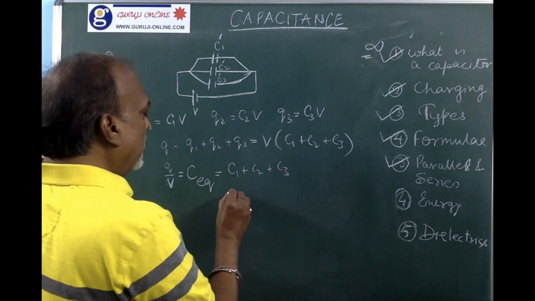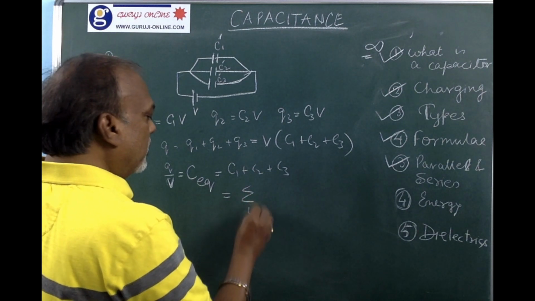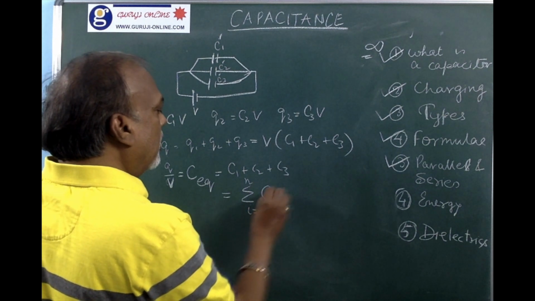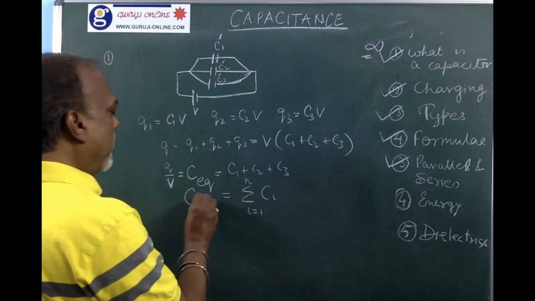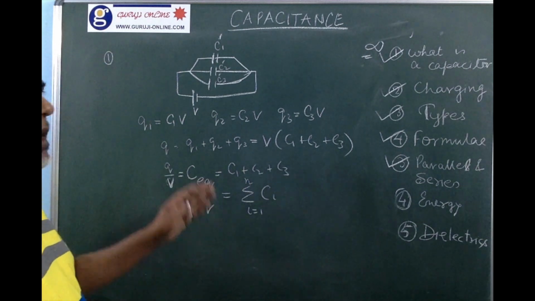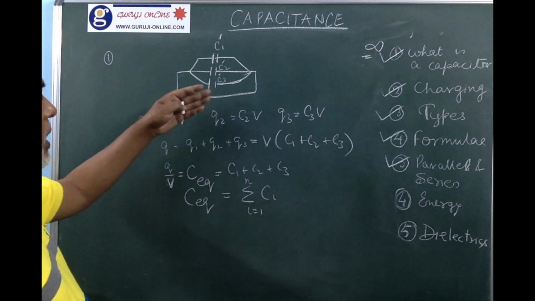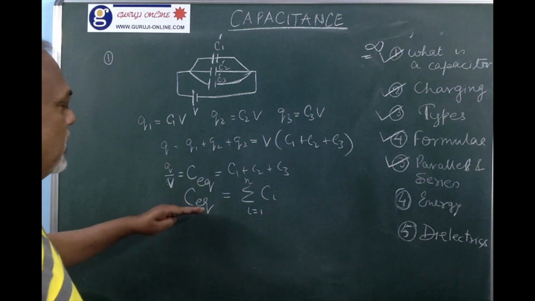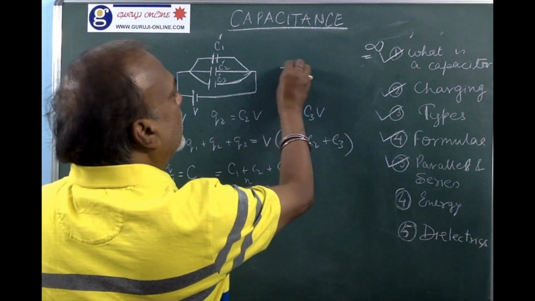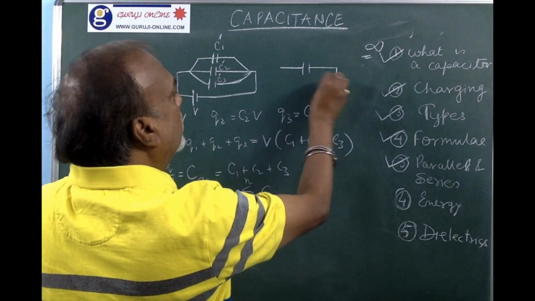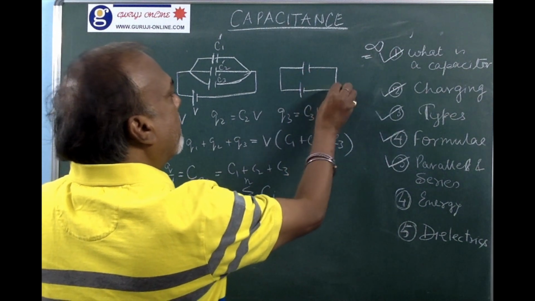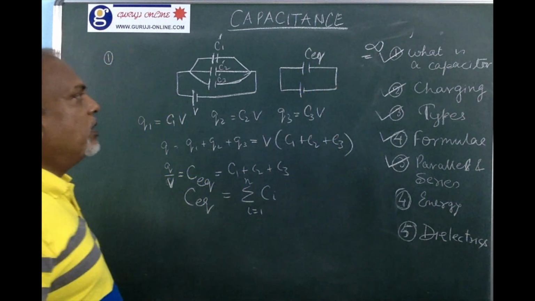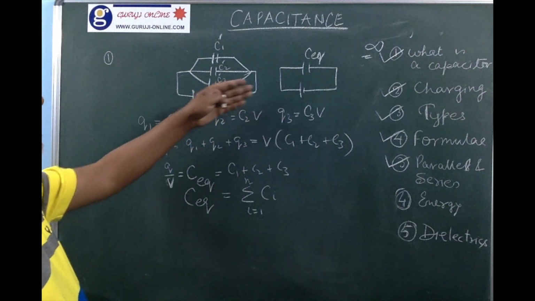So like that, if you have n number of capacitors attached in parallel, then their sum will be the equivalent capacitance, and this is the same as this.